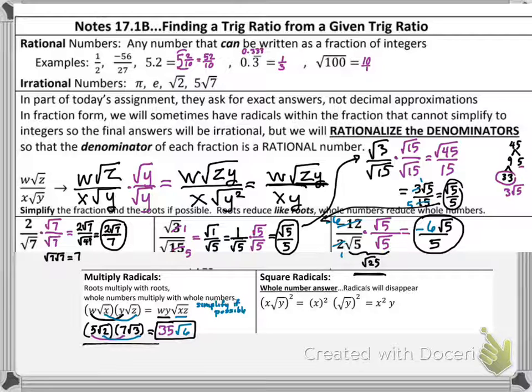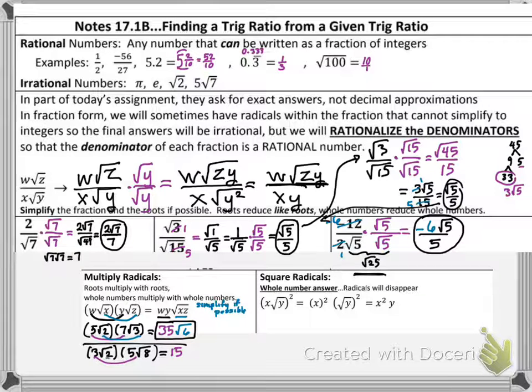Here's another example where we can do a little bit more. What if I started out with 3 root 2 times 5 root 8? Certainly I could simplify root 8 first, but I'm going to wait and deal with it after it's done. I'm going to say 3 times 5, 15.